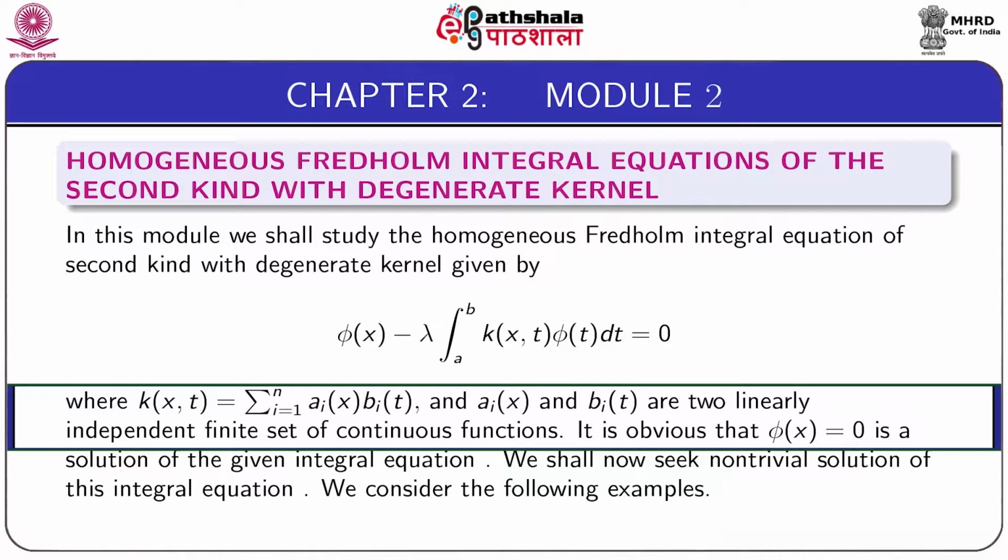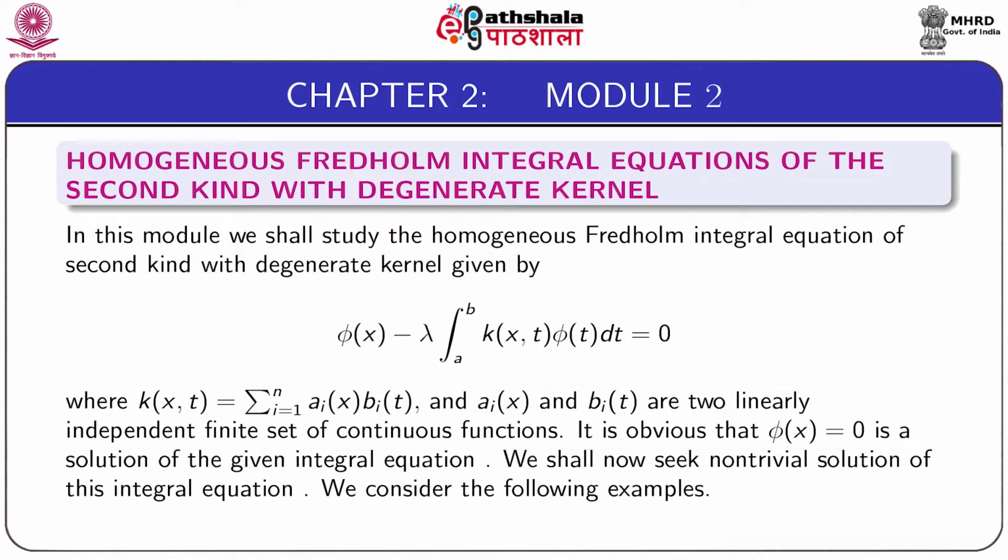Here the kernel K(x,t) is degenerate and has the form given here. a_i(x) and b_i(t), as stated before, are two linearly independent finite sets of continuous functions.